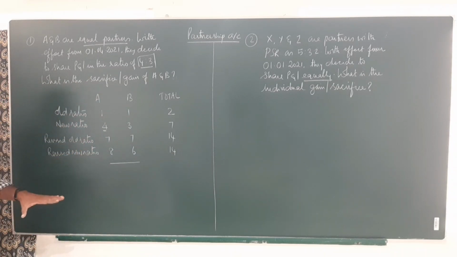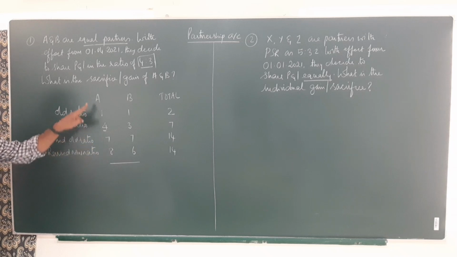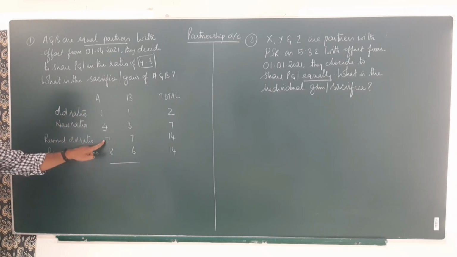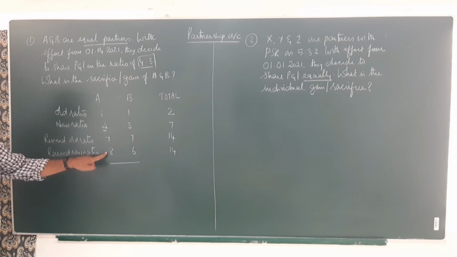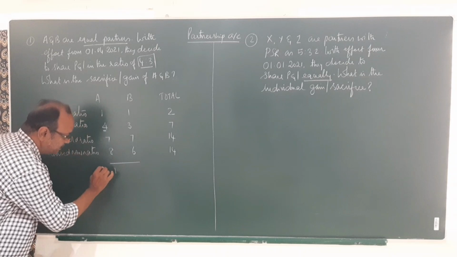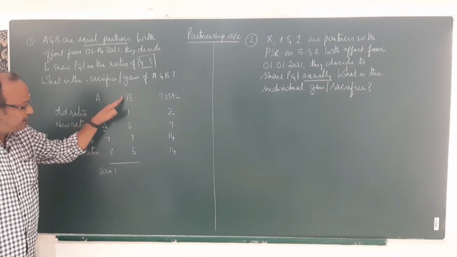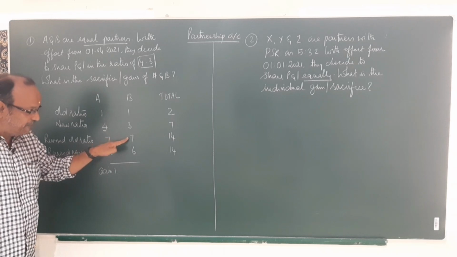Now kindly understand. If old is less and new is more, we are gaining. A, earlier he was getting 7. With the change in the profit sharing ratio, he will be getting 8. That means he is gaining 1. That is his gain. And B, he was getting 7 before the change.